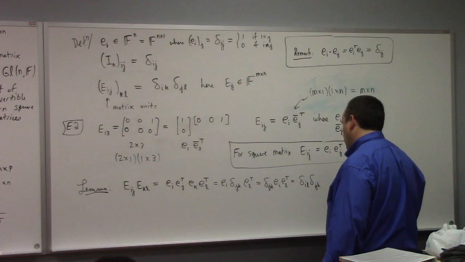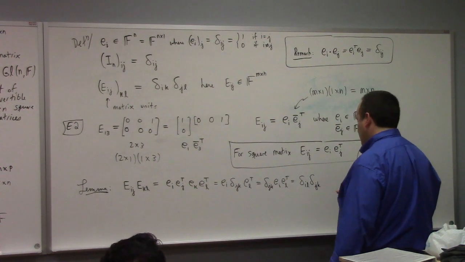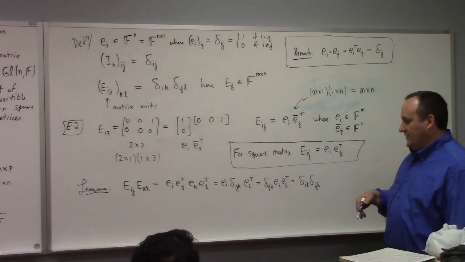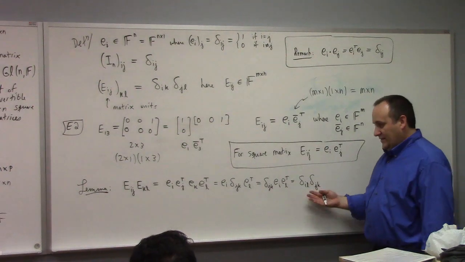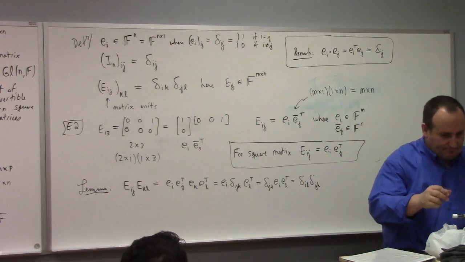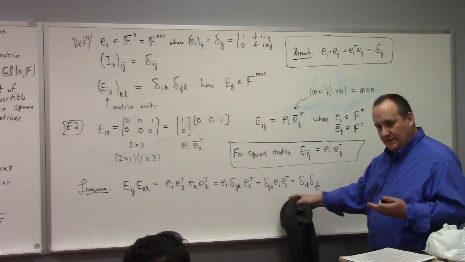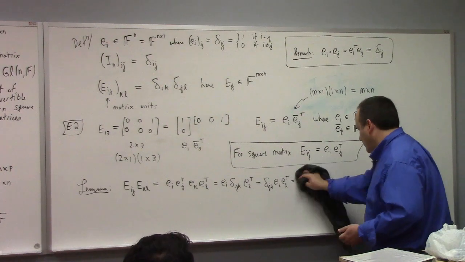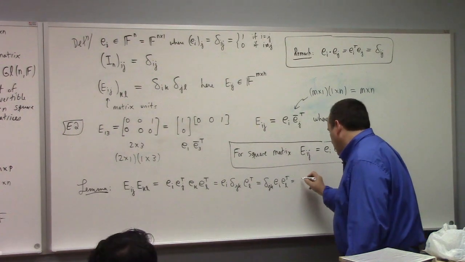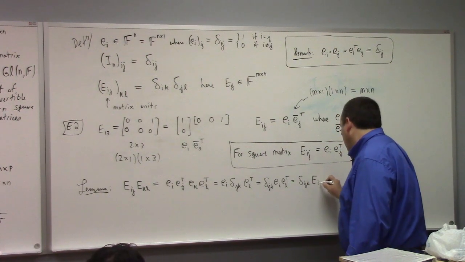Oh, my bad. I don't get to do that, do I? Don't listen to me, that's nonsense. That would be really disconcerting, because that would mean I got a number equal to a matrix, which would be a really bad place unless we're in one dimension. That's not the Kronecker delta, that is the matrix unit. So what we actually have here is Kronecker delta Jk E Il.